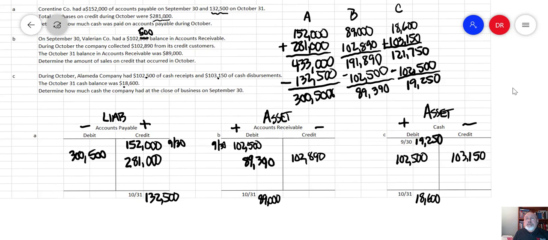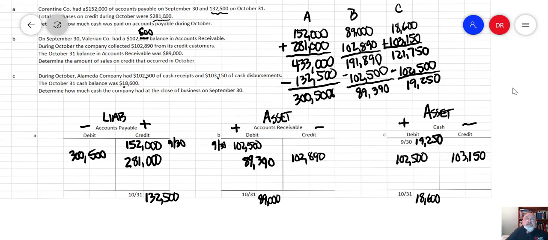Now, you can always test this and prove it by starting with the beginning balance, add whatever the side is that you have a plus on. So 102.5 plus 89,390 minus 102,890, and you'll come back to this. Likewise here, you had the beginning balance plus this minus this, you come back to this.